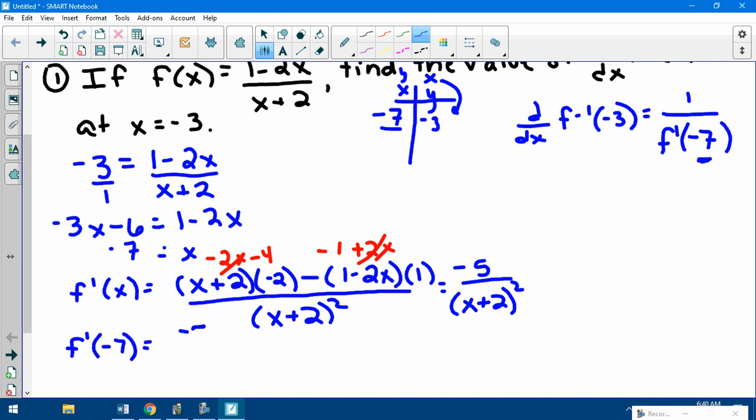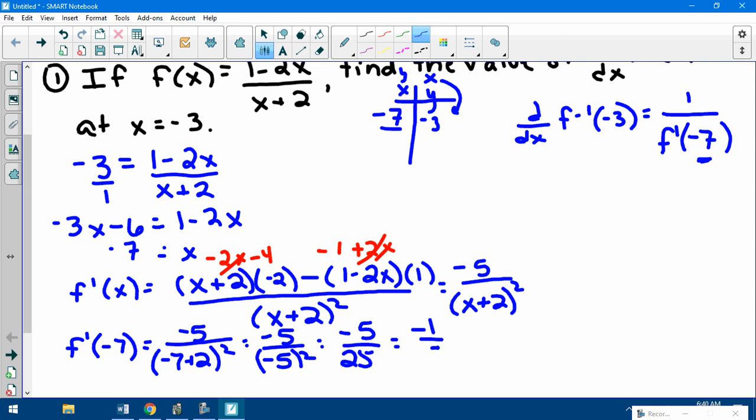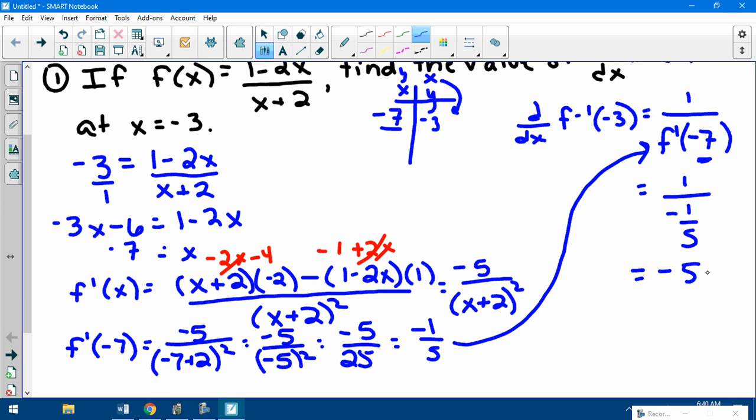So negative 5 over (negative 7 plus 2) squared is negative 5 over negative 5 squared, which is negative 5 over 25, or negative 1/5. Okay, so that is what goes here. This is 1 over negative 1/5, which makes your final answer, multiply top and bottom by 5, negative 5.